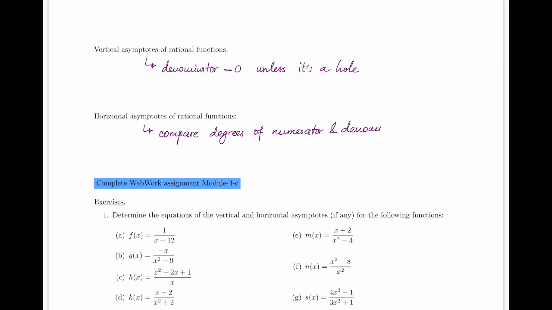And then, depending on which one of them is bigger, you will either have a horizontal asymptote or not. And once again, I cannot emphasize this enough. Please do not memorize the rule, because you might as well just remember it incorrectly and then panic during the test. Instead, use a leading term analysis in order to determine whether or not the given rational function has an asymptote or not.